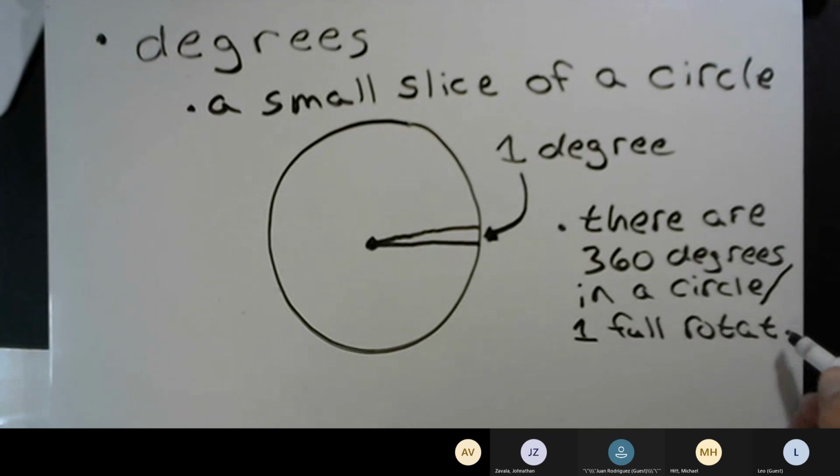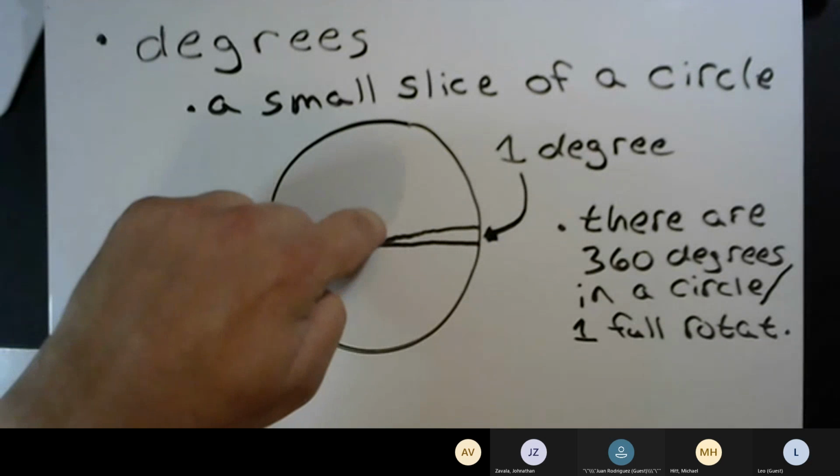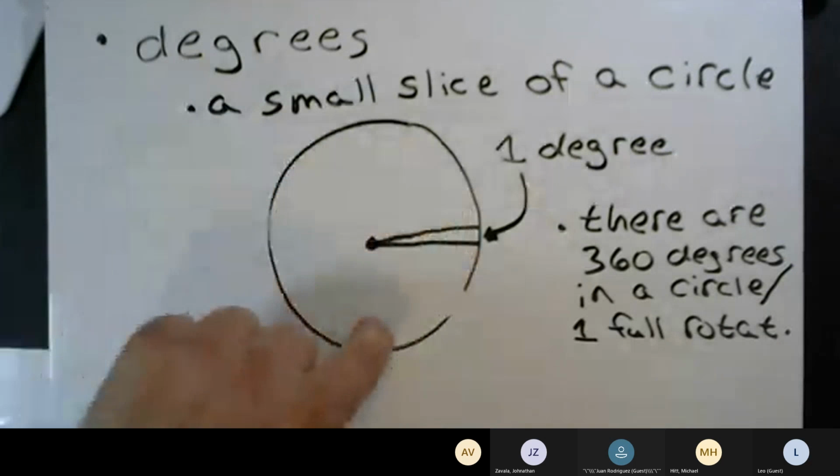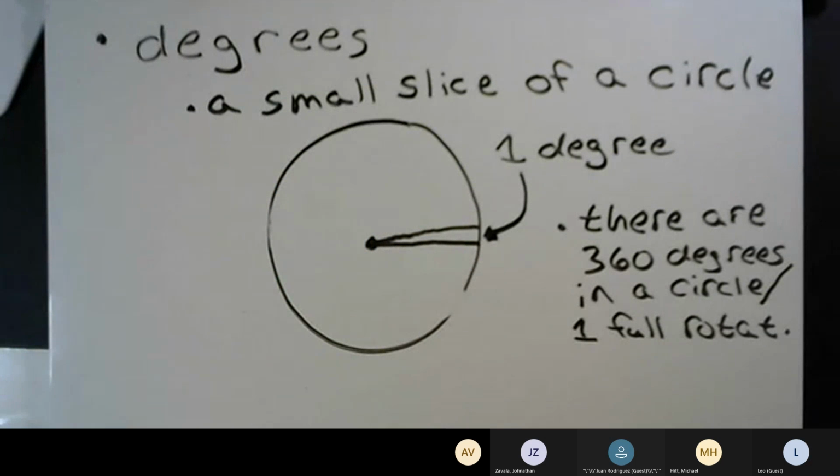I have to abbreviate rotation. So there should be 360 of these little slices inside this circle.